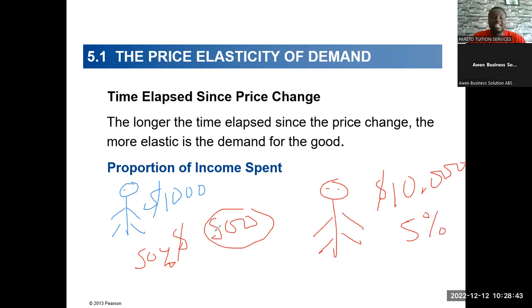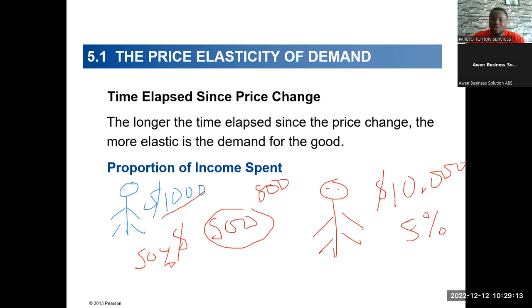Now, assuming there's an increase in the price of the good to say $800. Looking at these two people, this guy will be more responsive because he is using a greater percentage of his income to buy this good. If the price increases to 800 and he still buys it, he's now using 80%, almost the total of his money. He's using almost everything.